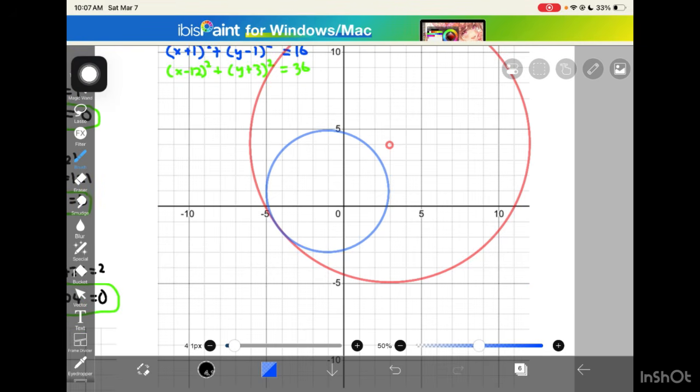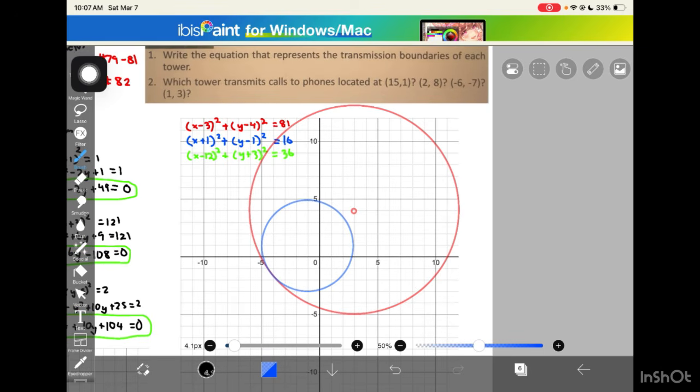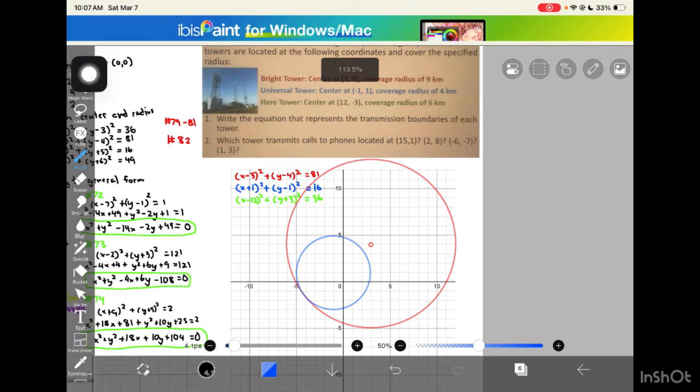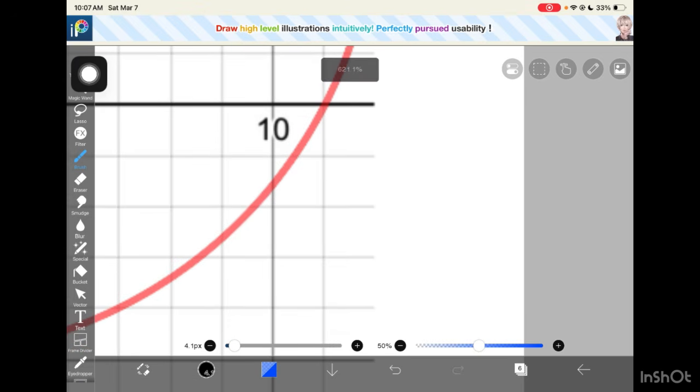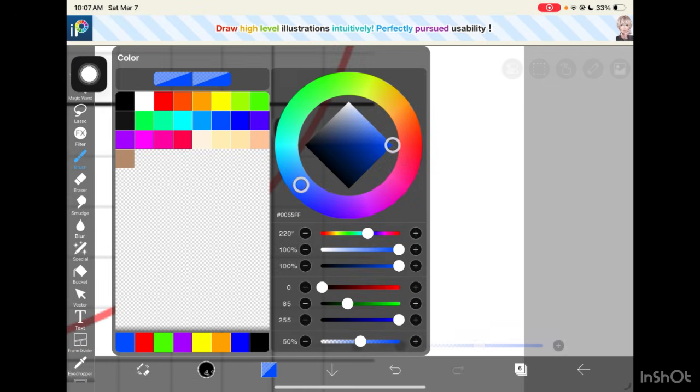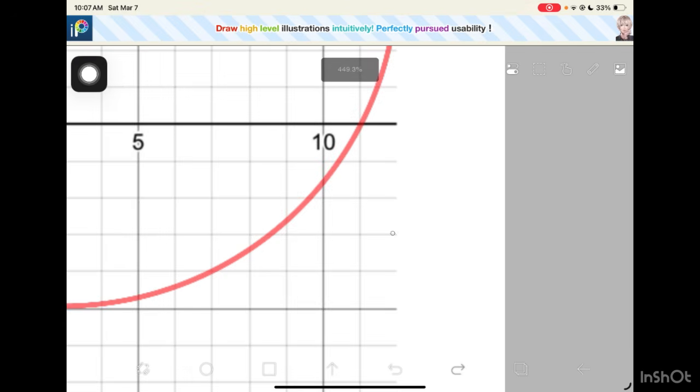Okay, interesting. So sometimes you get very weird ones, but yeah. And then lastly, 12, negative 3 with a radius of 36. That's not gonna fit here. So it's 12, and then negative 3 for the y, so it should be here. And let's use the green color, and it's 6.